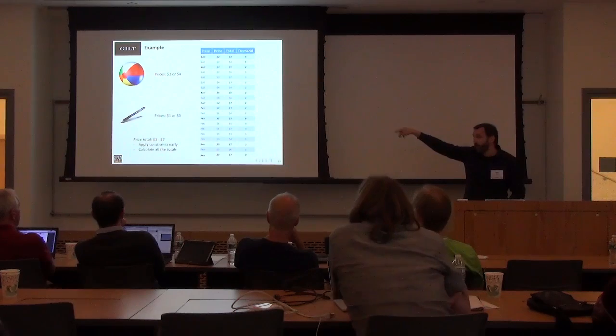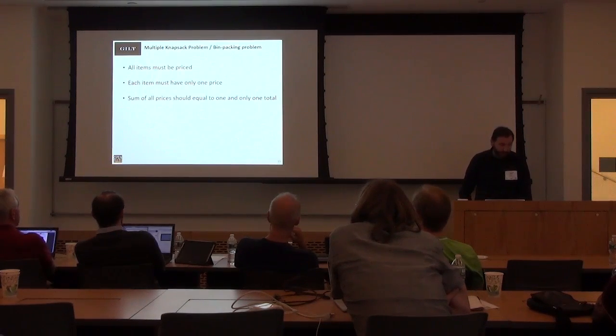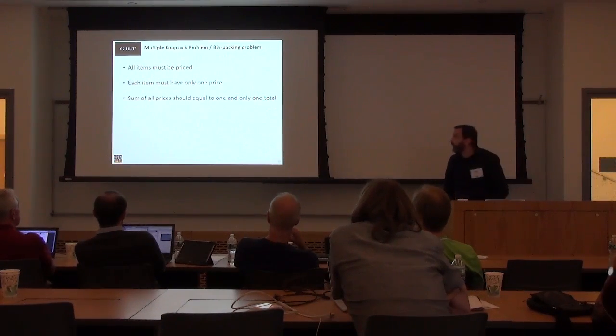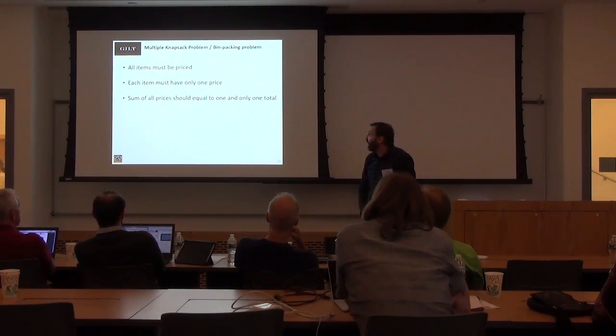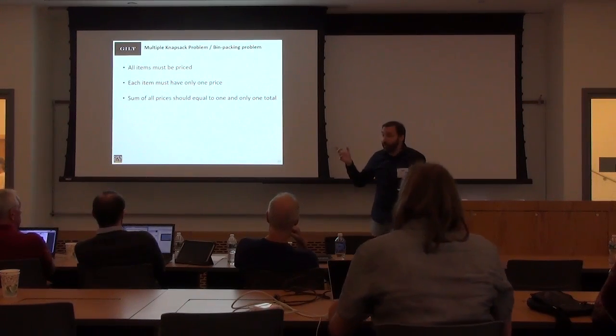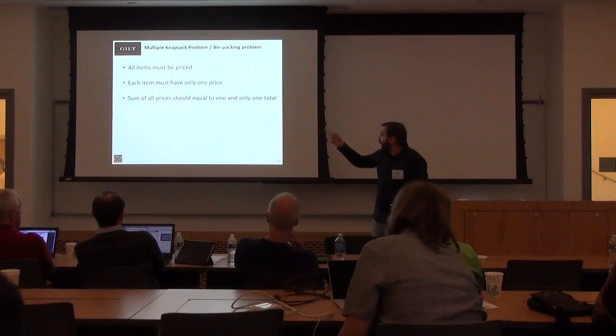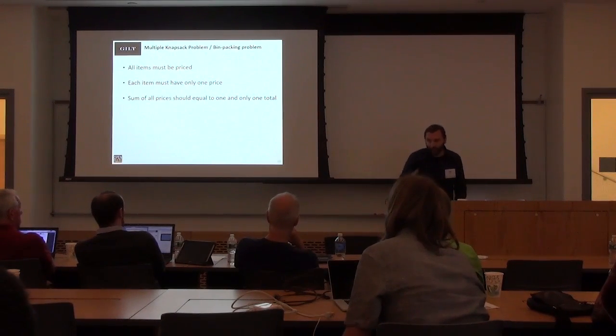Some of those totals are unattainable, but I kick the can down to the optimization part to remove unattainable totals. So this brings us to essentially a multiple knapsack problem. All items might be priced. Each item should have only one price, and the sum of all prices should equal one and only one total, which is to say the total should be equal to the total.